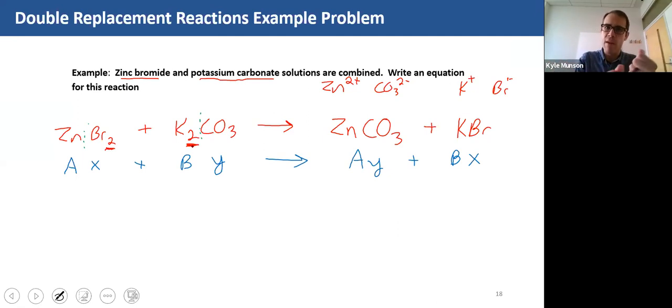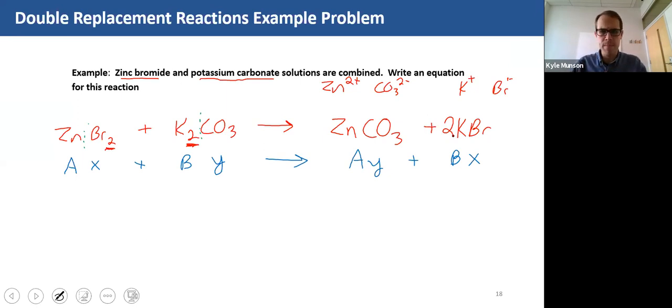As we just said, we have 2 bromides on the left side of the equation and 2 potassiums. So I could fix that by putting a coefficient 2 there. And now the equation, I believe, is balanced. So we don't balance the equation by changing the formula of things. We just use those coefficients. So this is an example of a double replacement reaction.